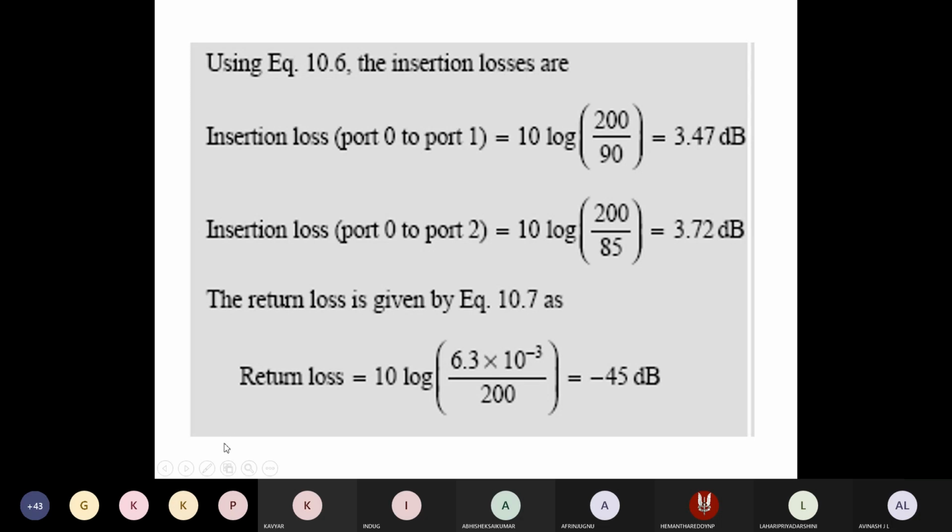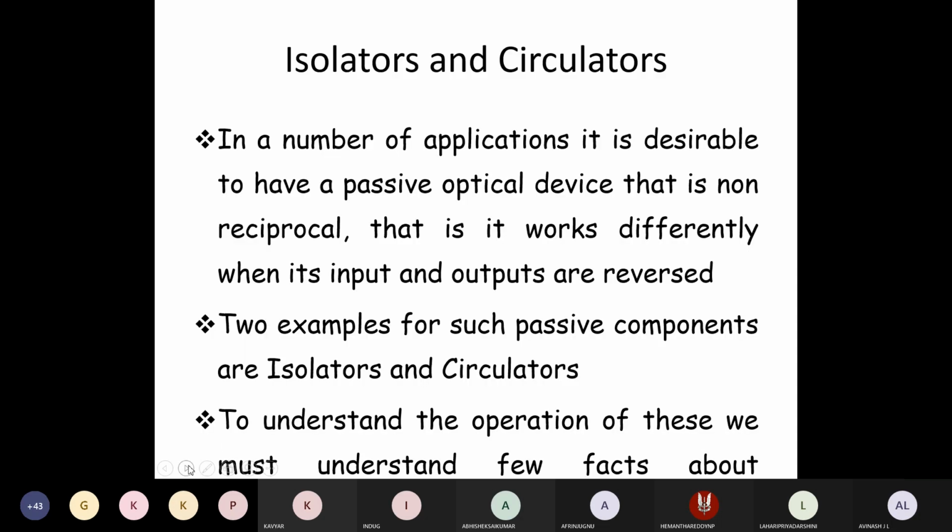Once you complete this one, we can go for the next topic, that is isolators and circulators. Here, in a number of applications, it is desirable to have a passive optical device that is non-reciprocal.